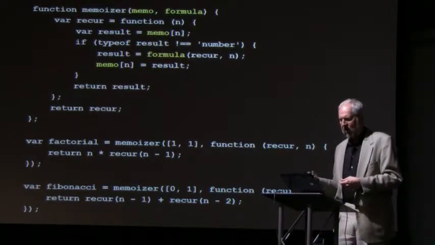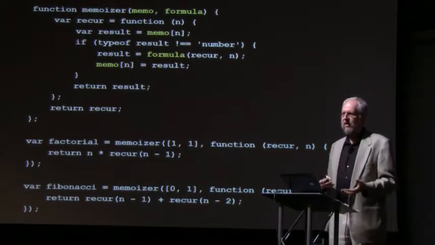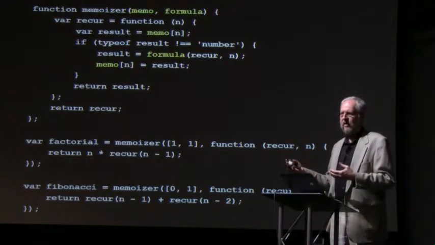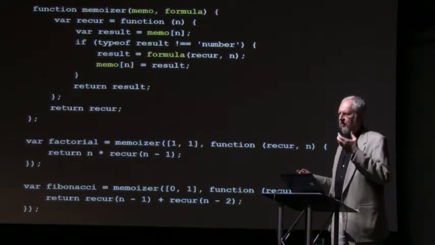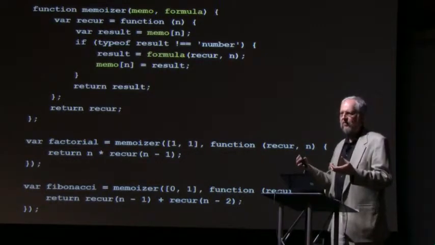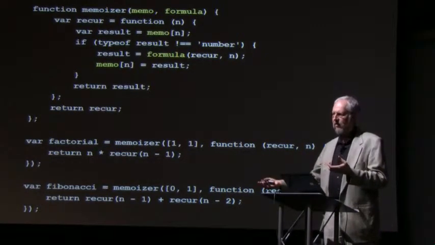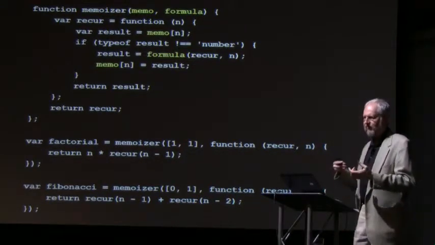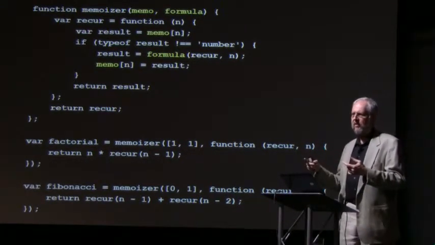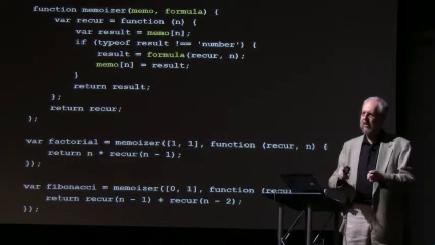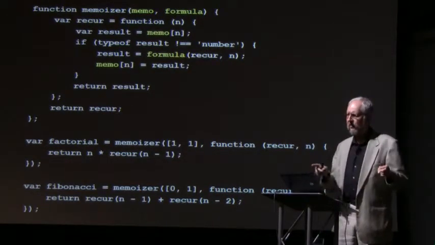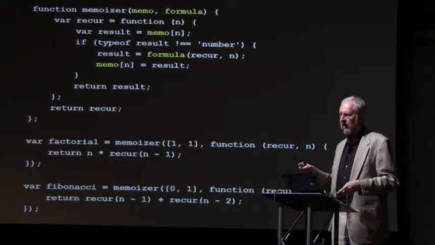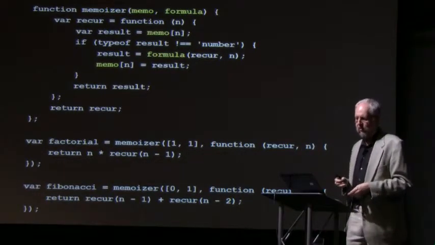For example, factorial can be given a recursive definition in which it's the product of the value and of calling factorial on the value diminished by 1. And so if you're computing a table of factorials, you can spend a lot of time going over the same ground over and over and over again. And this function will prevent that.